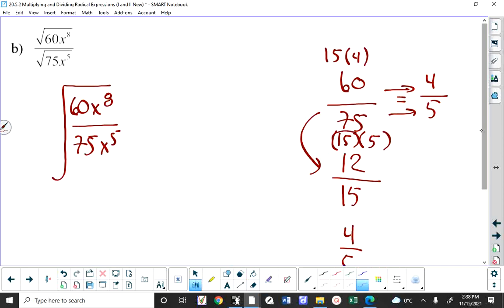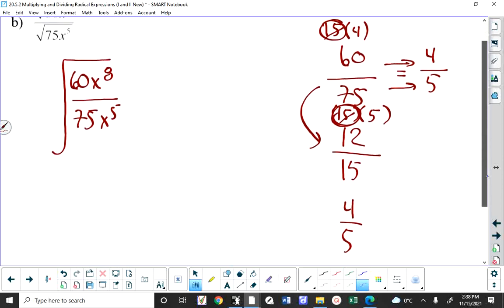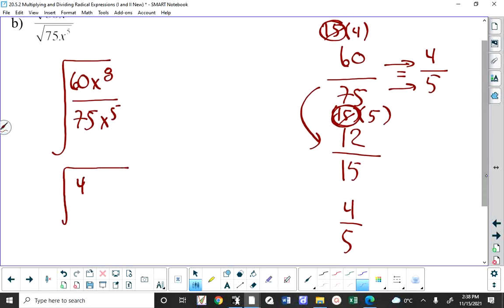So Seamus is seeing a factor of 15 on the top and the bottom, which cancels. That's why it works. Anyway, we end up with 4/5, and that means we have a 4 in the numerator of our radicand, and we have a 5 in the denominator, and x to the 8.